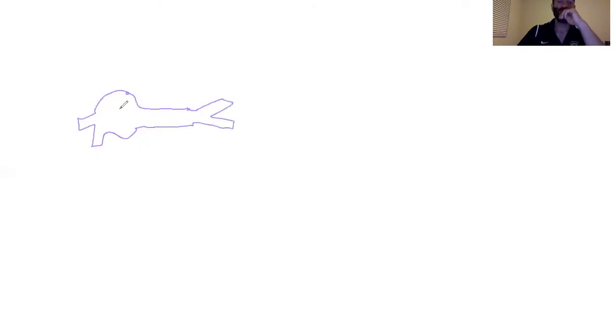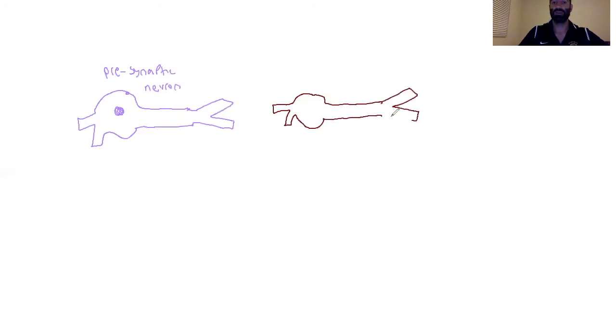We call the neuron that is before the synapse the presynaptic neuron, or before the synapse. Then we have the synapse, and after the synapse, as you can probably guess, you're going to have the postsynaptic neuron.